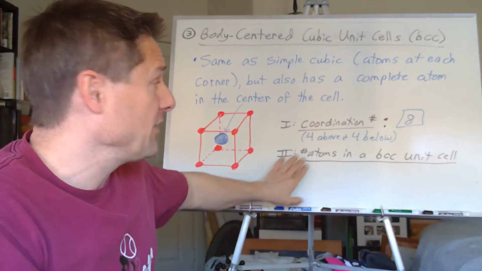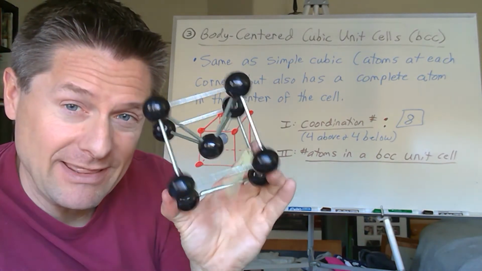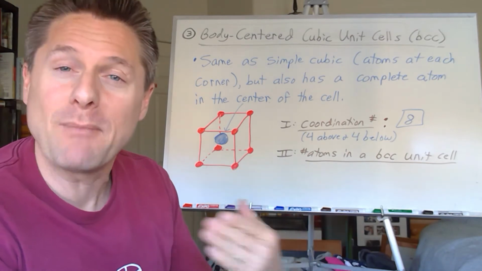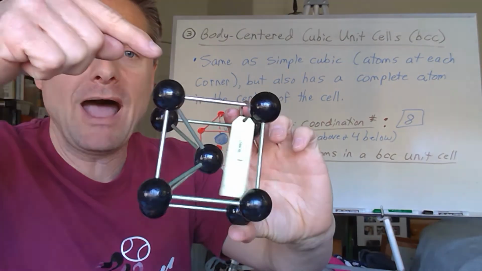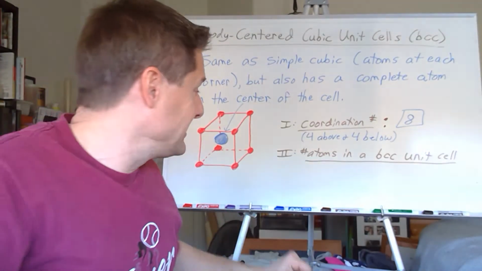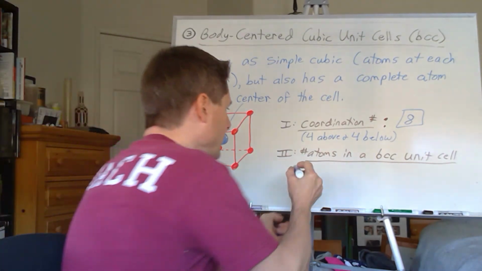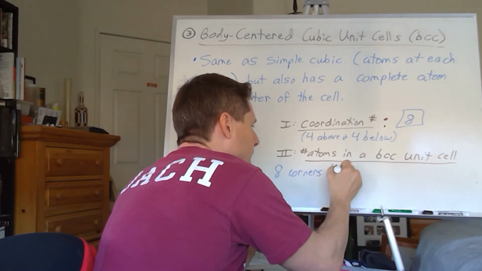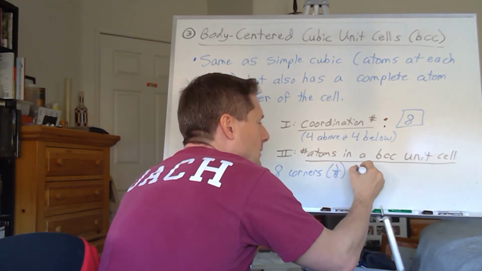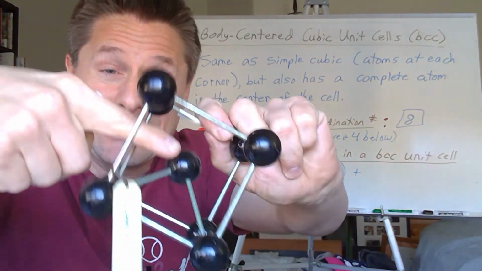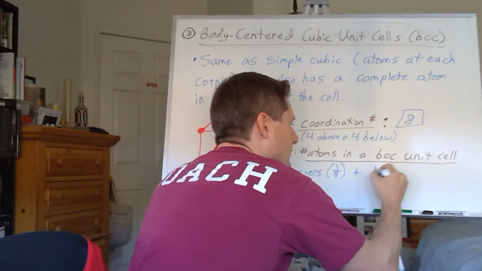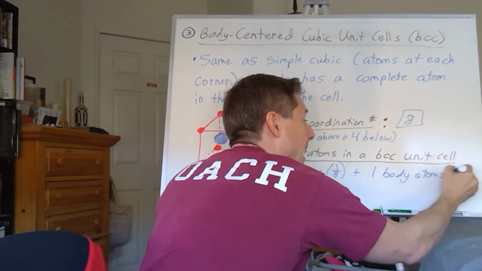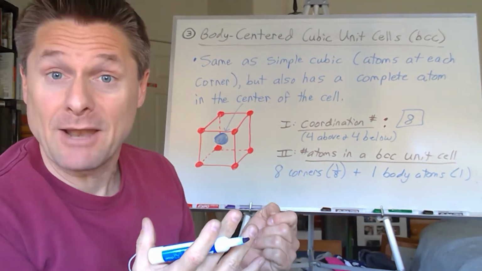Okay. Now let's count the number of atoms, and we need to know how many atoms are in this 1 unit cell in order to get the mass, in order to get the density. That's why we're focusing on mass and volume. Well, again, you've got the 8 corners, which count as an eighth each, plus we've got that 1 completely in the center, and that counts as a complete atom itself.